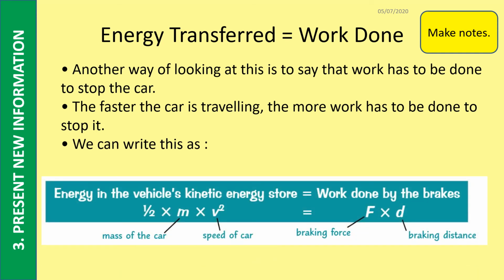And we can write this like this. The kinetic energy, a half mv squared, is equivalent to the work done by the brakes in stopping the car. And we know a formula for the work done, force times distance. So these two can be made equivalent to each other.